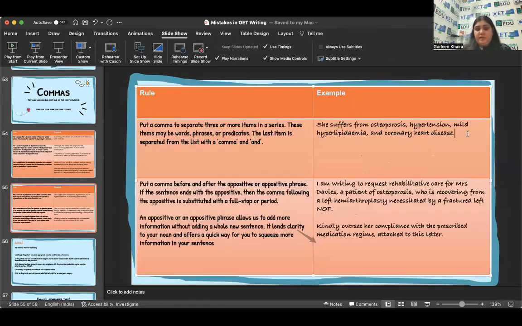Okay, just a minute. Now I wanted to talk about predicates as well. For example, look at these 3 sentences.